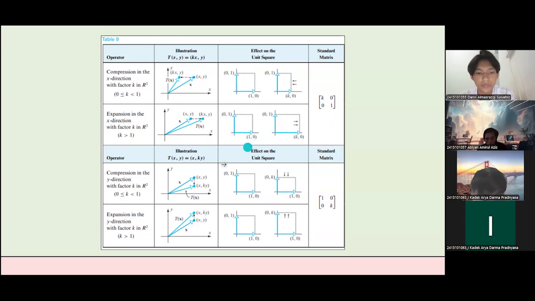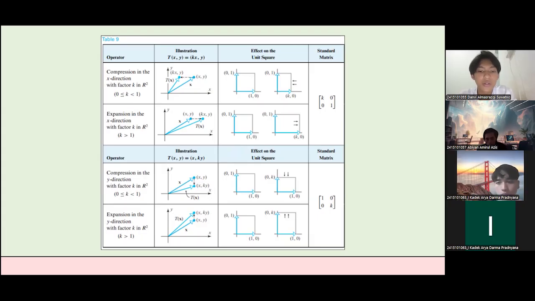Let's get to the transformation along the y direction. As you can see in the illustration, T(x, y) equals (x, ky). It means only the y coordinate changes, and the x coordinate remains the same.